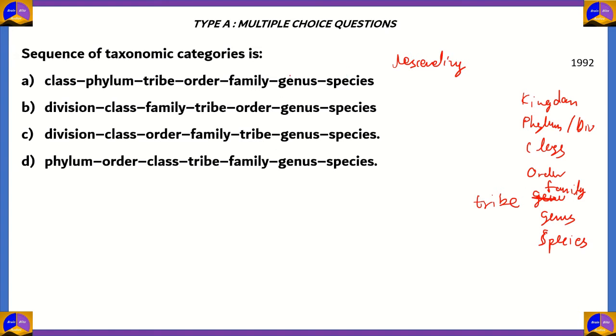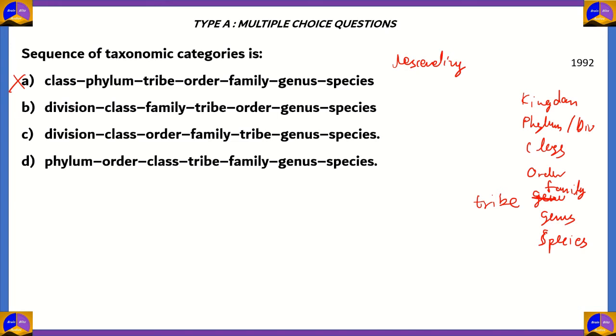So let's look at option A. In option A, it says that class is larger than phylum. However, that is wrong because we know that phylum is the higher taxonomic category. So that means option A is incorrect. What about option B? Division, class, family, tribe, order, genus, species.